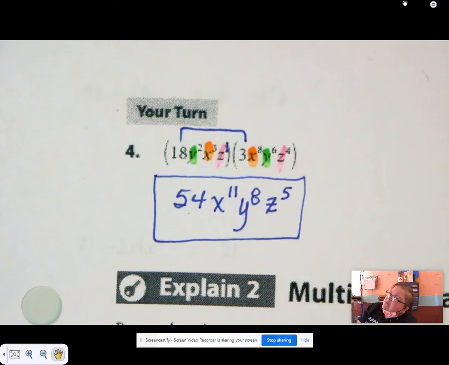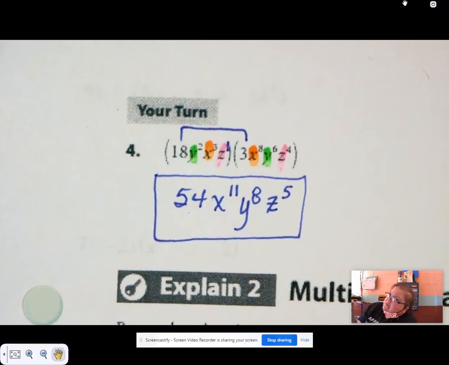I think you multiplied the 18 y and the 3x and the 54. Oh, okay.